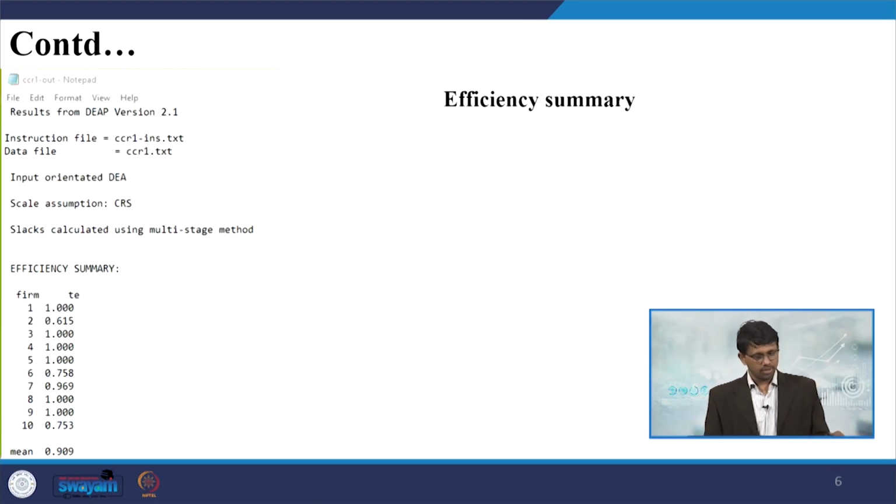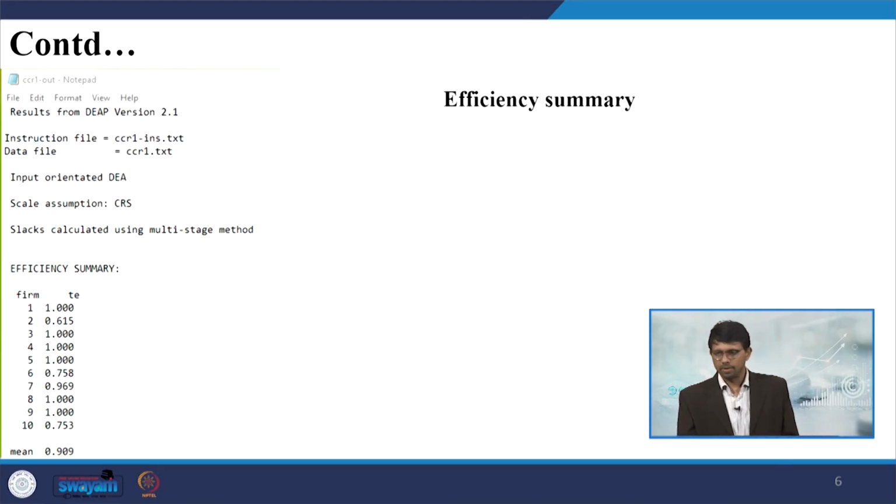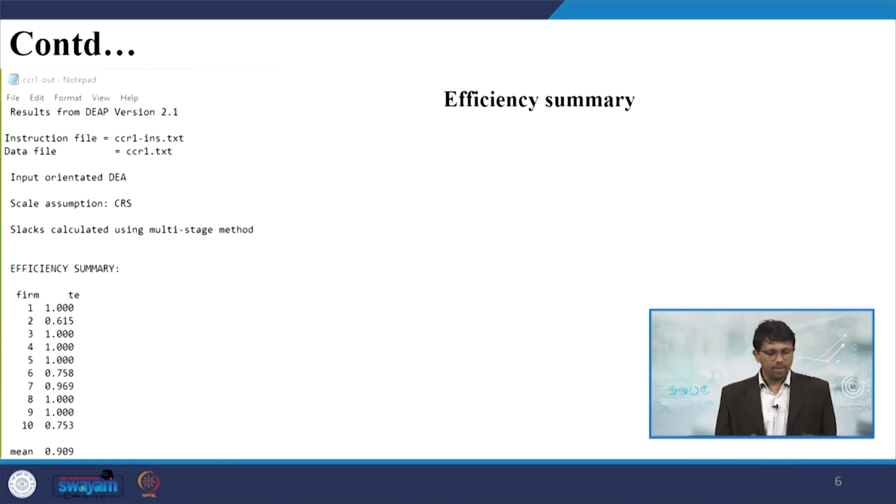We are now going to interpret the results. The very fundamental result we derive is the efficiency summary. If you remember, we made the file called ccr1-instruction.txt, and the data file is ccr1.txt.